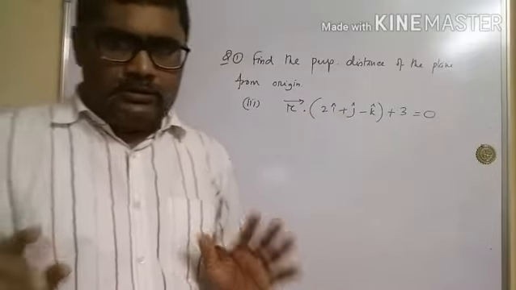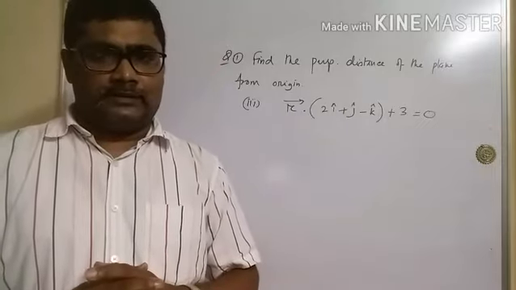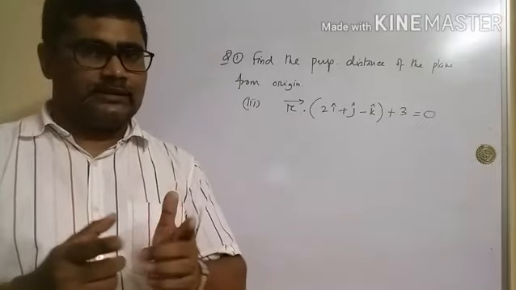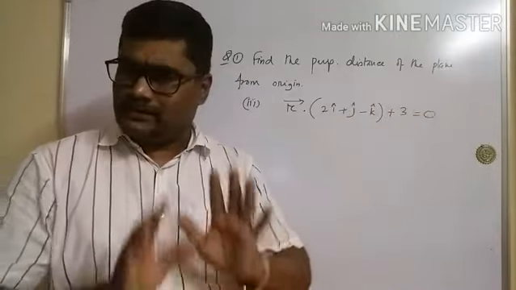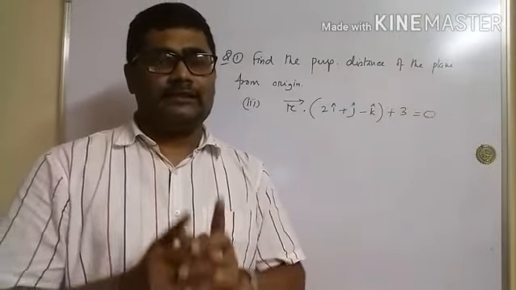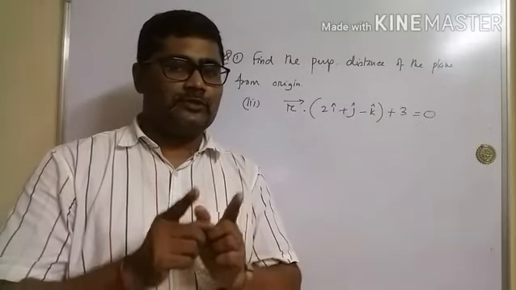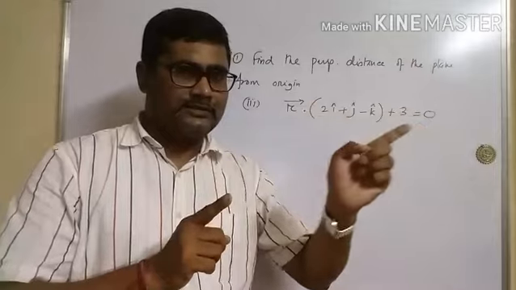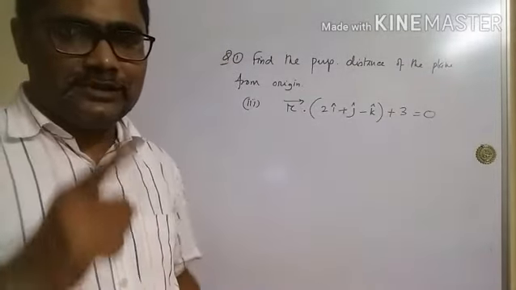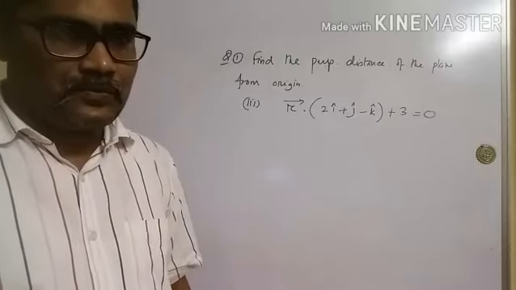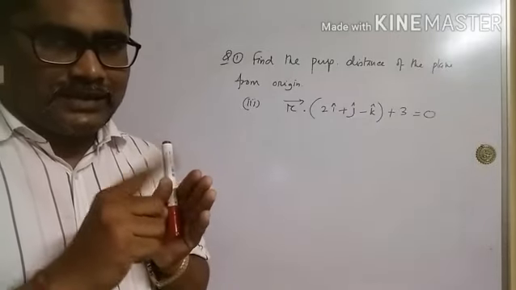Now you have to find the perpendicular distance of this plane from the origin. Just think, I am transferring 3 to the right side. First thing I did. Next thing you have to decide now, this is belonging to which form? Star or star dash? The equations I am talking about which are marked during the deduction of the first equation. Star was containing n cap, star dash was containing n vector.